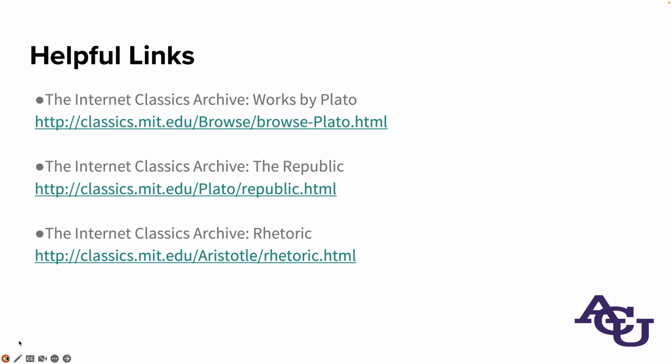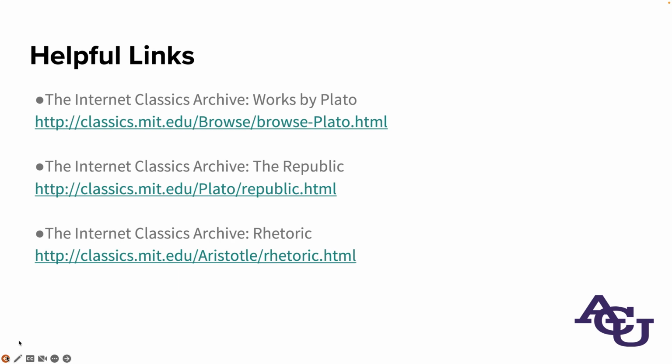Rhetoric is discussed at several points in Plato's Republic and in Aristotle's On Rhetoric, which, as the title might lead you to expect, is in fact about rhetoric: what it is, how it should be used, why it's important, etc.